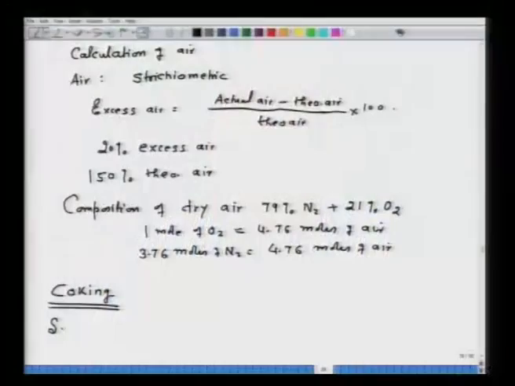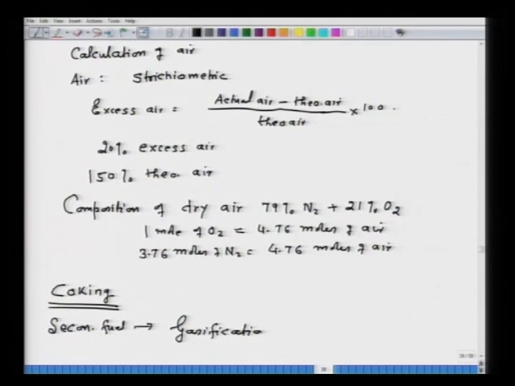Remember, another term that I have used is secondary fuel, and this secondary fuel is prepared by gasification process. That is, here the coal is converted to a gaseous fuel by using steam, or air plus steam.